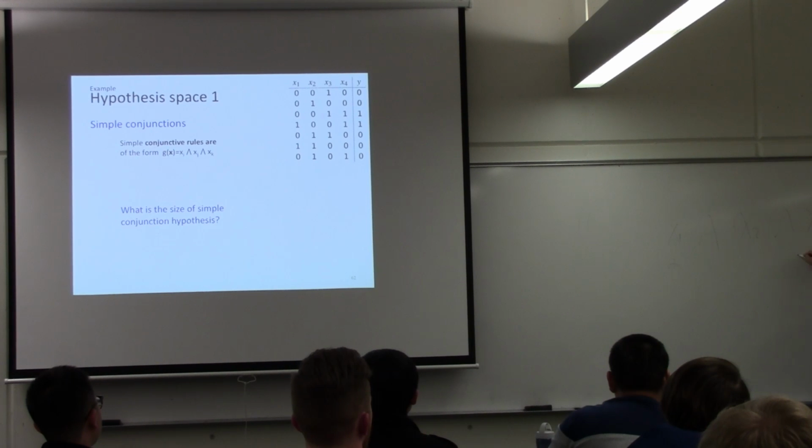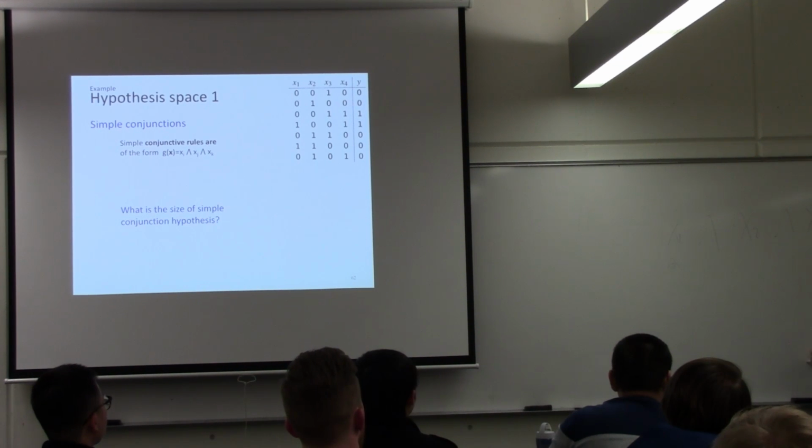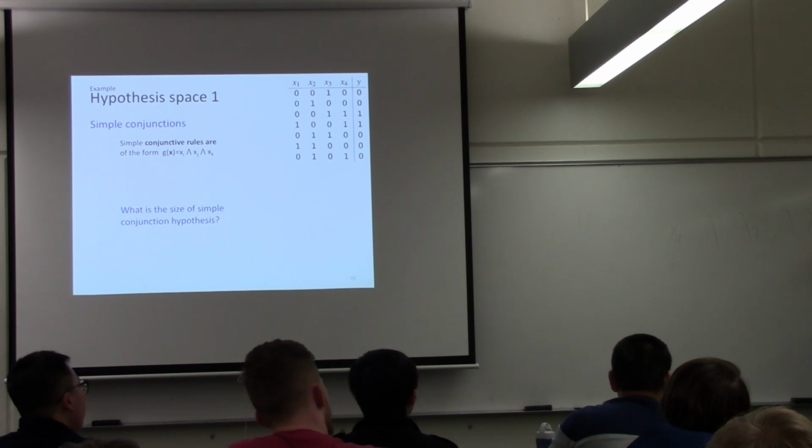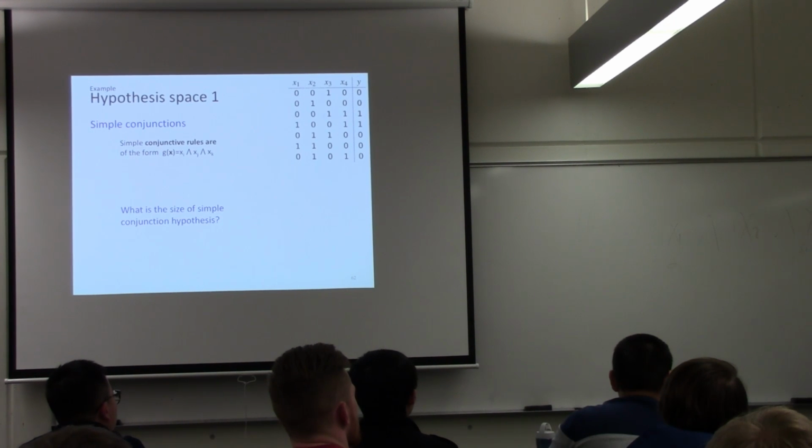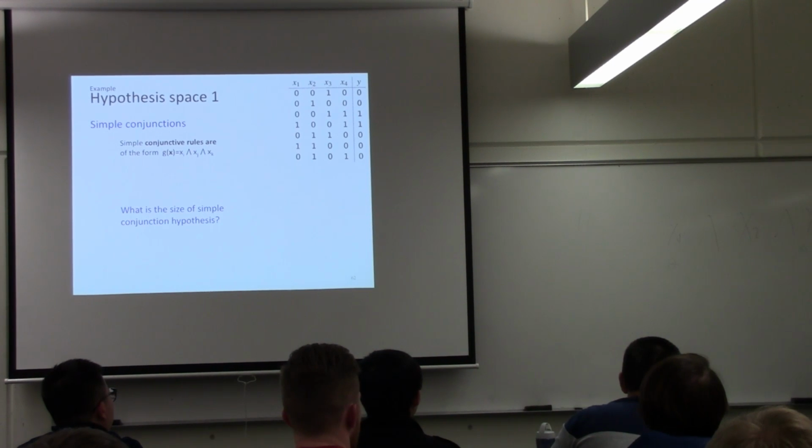Each specific Boolean function with 4 variables corresponds to a function table, right? With x1, x2, x3, and x4, and this is the function value. And we have 16 possible combinations for input variable values, right? So we have 16 entries that need to be identified to specify one specific function.